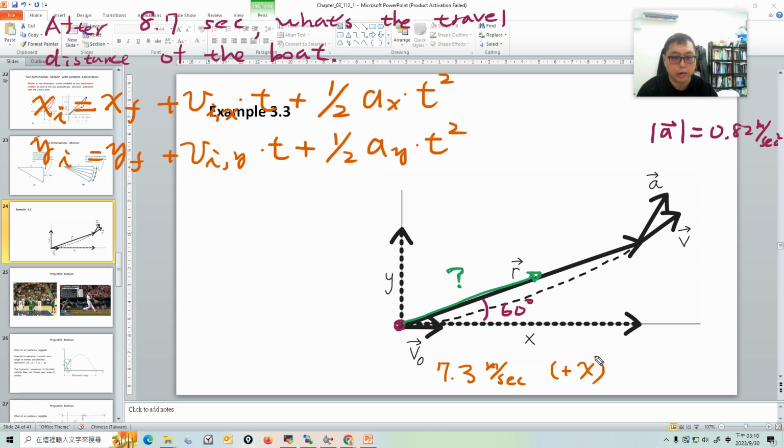That's the equation of motion I like. In this problem, we set up the coordinates. Let's say the origin is here.